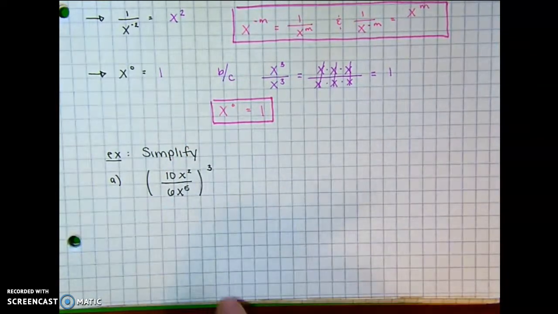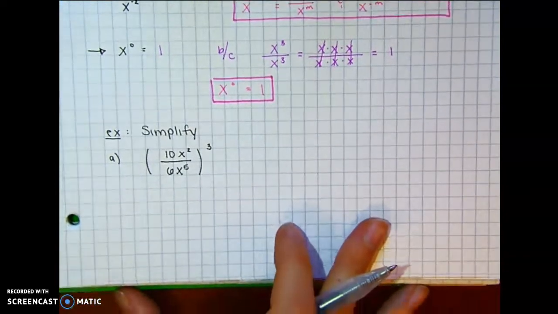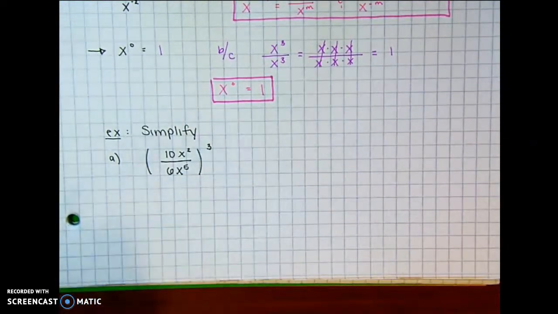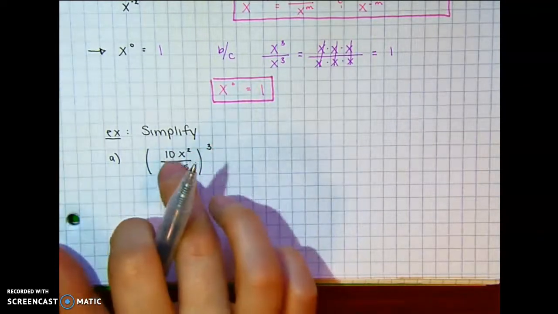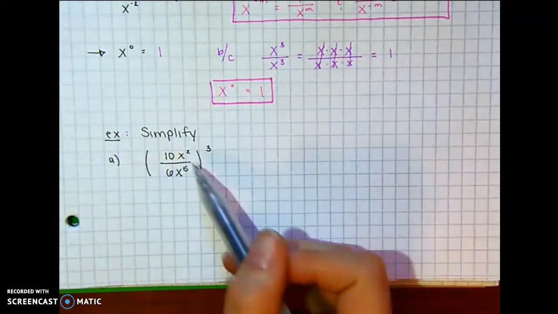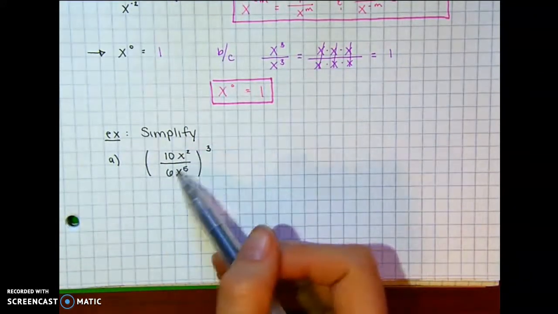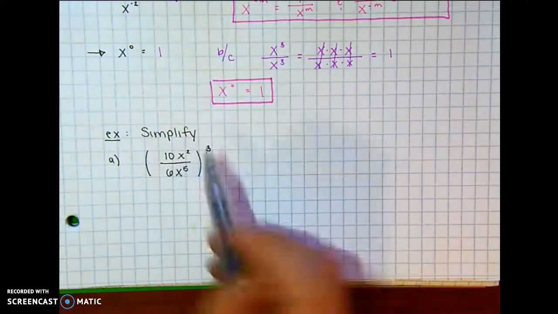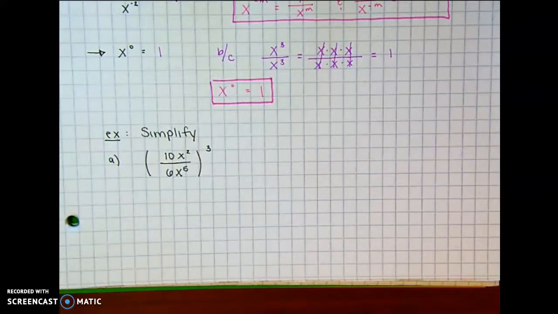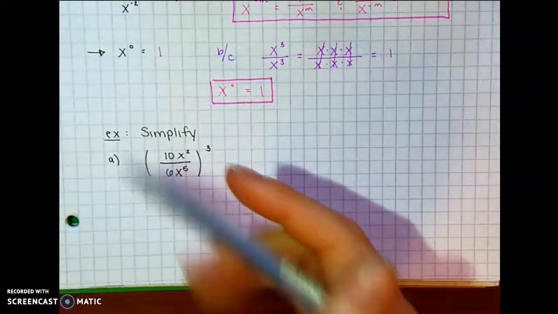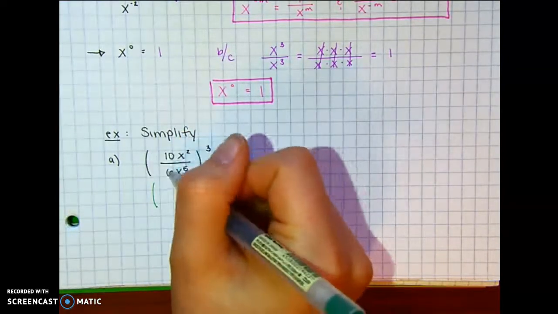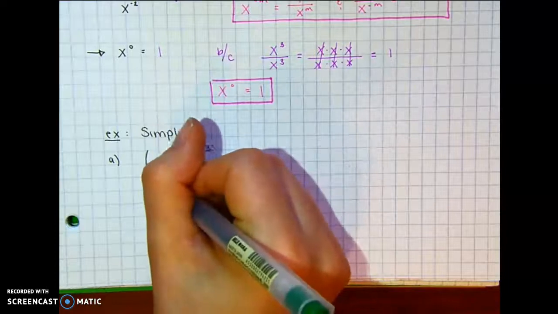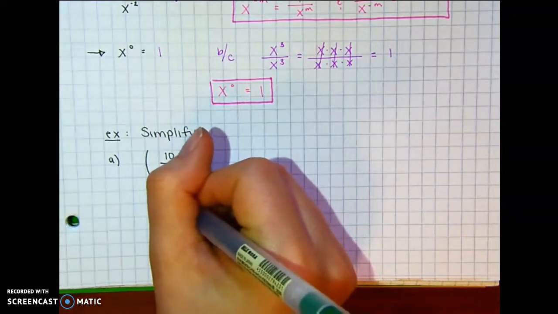There are a bunch of different ways you can do this. It's a mix of the properties and order of operations. I always recommend simplifying what's inside first, because if we use the power property, that's going to make these things bigger. So make everything small first. To make this smaller, I can reduce 10 over 6. These are both divisible by 2, so this will become 5 thirds.